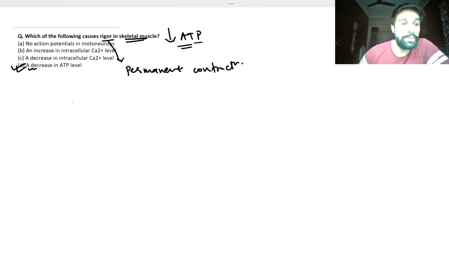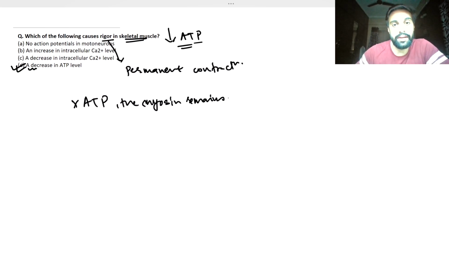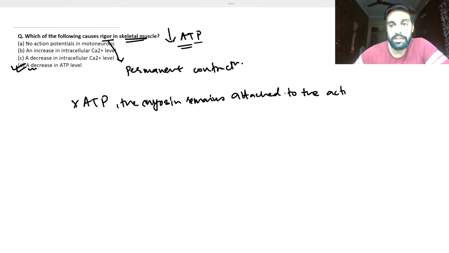With no ATP bound, the myosin remains attached to the actin, and cross bridge cycle cannot occur.